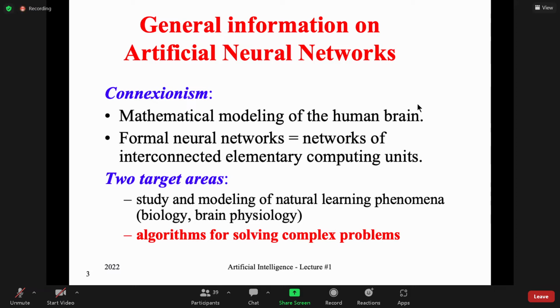But here, in the context of my presentation, that is not what I want to do. In fact, I want to use artificial neural networks to solve complex problems. And when we speak right now about artificial intelligence, about deep neural networks and so on, most of the applications concern the solving of complex problems.